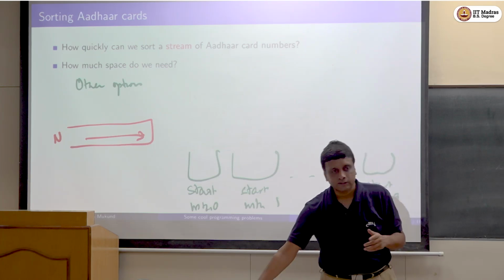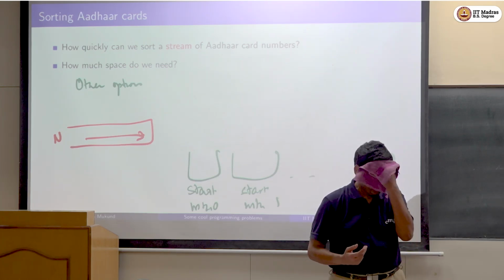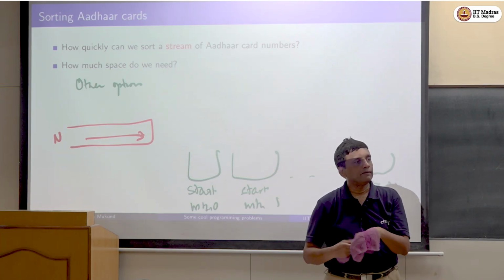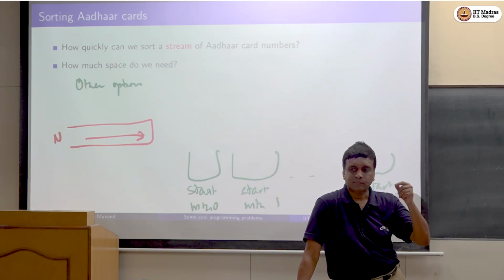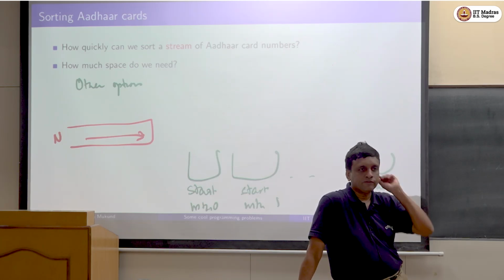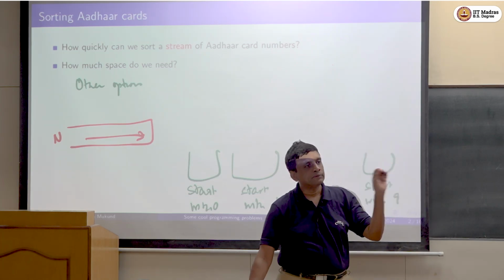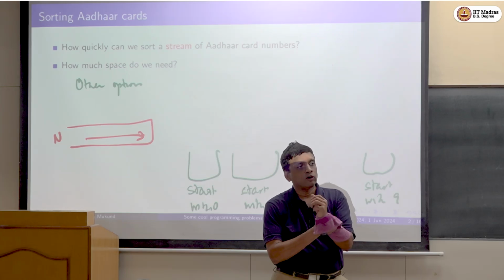So you can do this, for example, with also things like mobile numbers. You have 10-digit mobile numbers. Each digit is 0 to 9. So you can bucket them by the first digit and bucket within each bucket, subdivide the bucket and so on. So you can do these kind of tricks, but you're exploiting really the fact that all other numbers are all 12-digit numbers, all mobile numbers are 10-digit numbers, and they're all represented in that way.